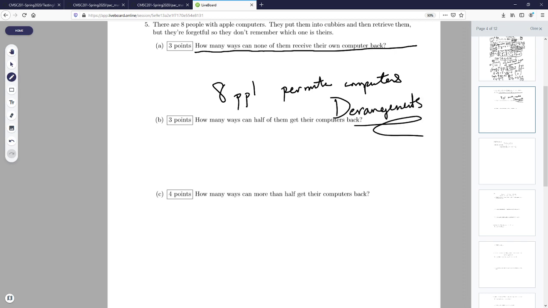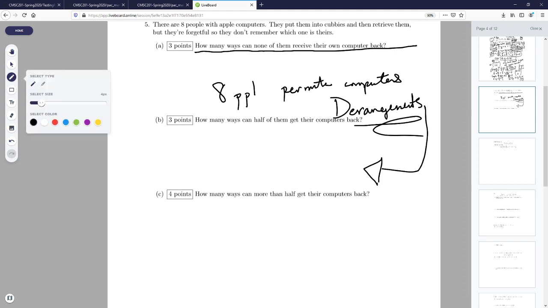My hint is derangements, right? And that's my hint for all of these parts. You're going to have to use some version of combinations and some version of derangements to attack this problem, because that's what it is. It's how many ways can 8 people not get their hats back or their computers back or whatever? Well, it shouldn't be terribly surprising what the answer is to that.